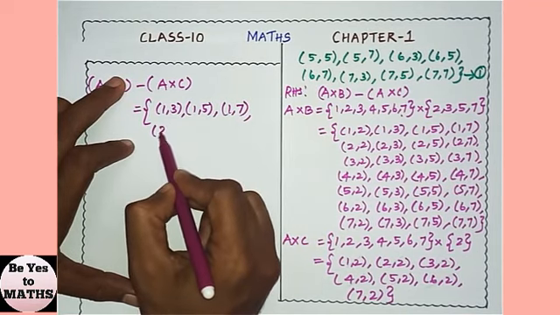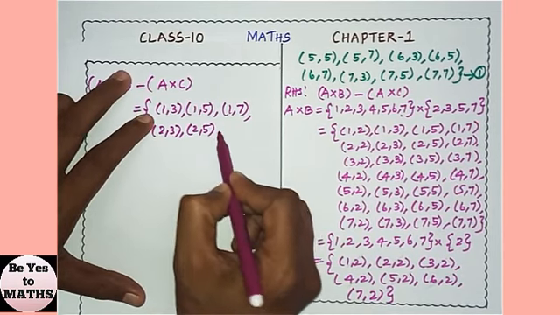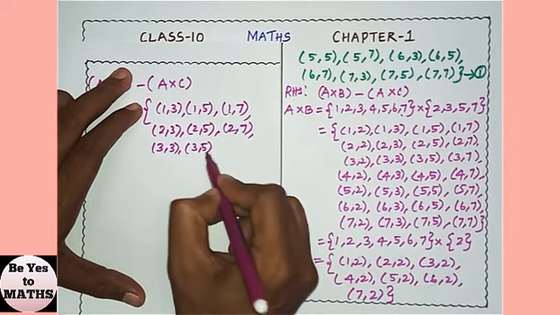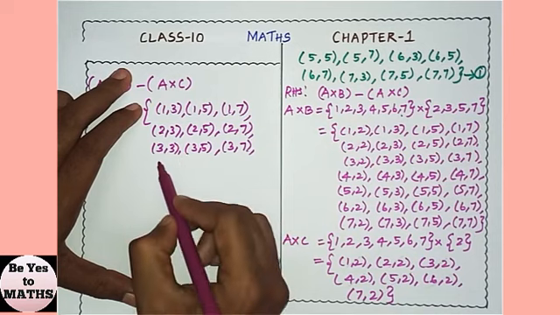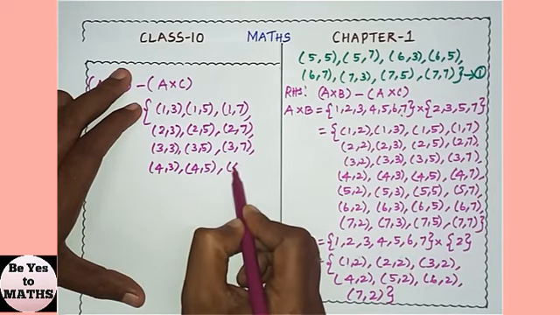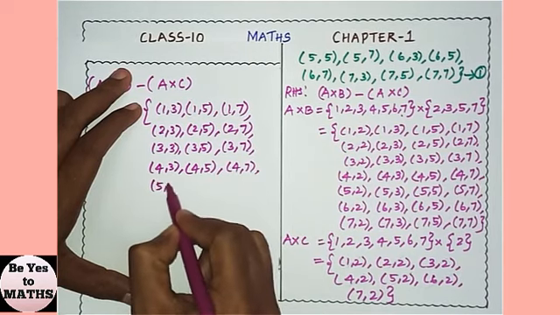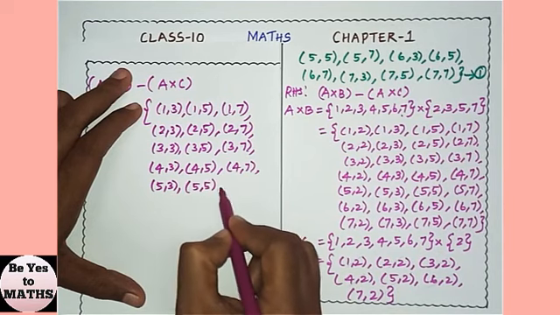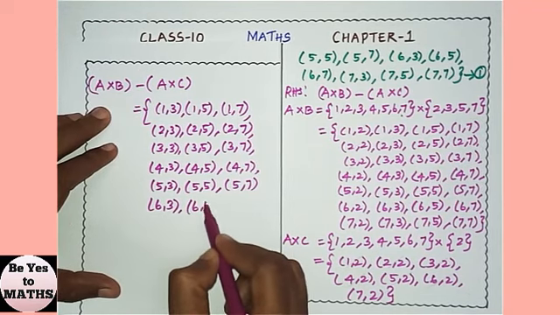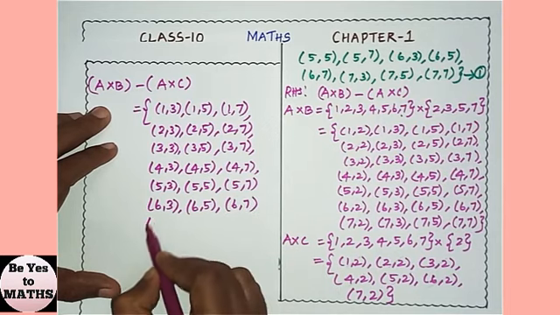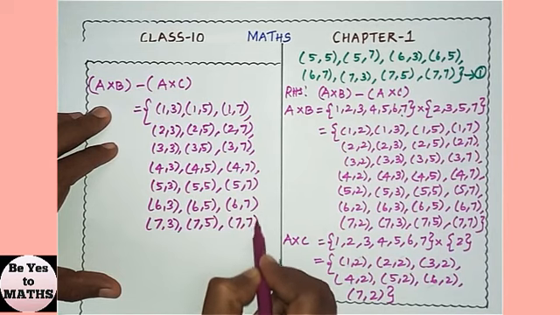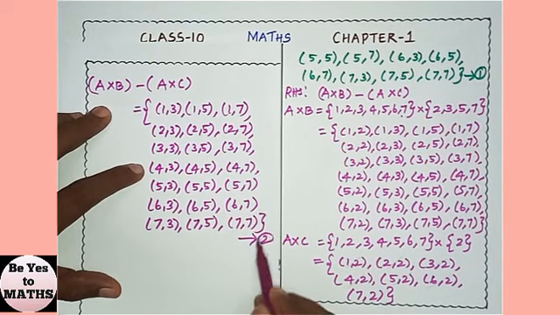So 2 comma 3, 2 comma 5, 2 comma 7, 3 comma 3, 3 comma 5, 3 comma 7, 4 comma 3, 4 comma 5, 4 comma 7, 5 comma 3, 5 comma 5, 5 comma 7, 6 comma 3, 6 comma 5, 6 comma 7, 7 comma 3, 7 comma 5, 7 comma 7. So right hand side is over. Take this as equation number 2.